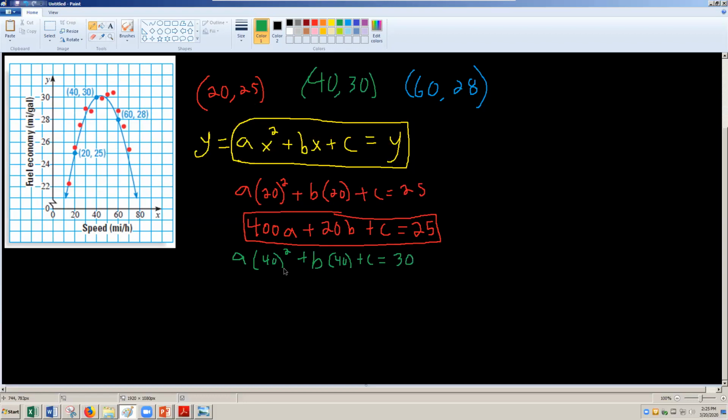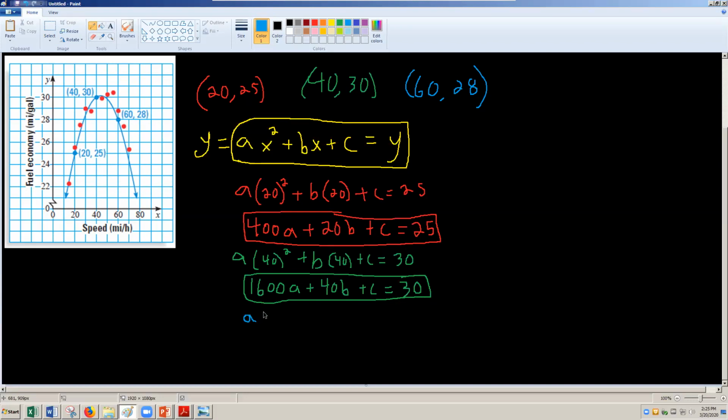So now again, I'm just going to simplify this a little bit. 40 times 40 is going to give me 1600a plus 40b plus c equals 30. And now I have my second 3 variable equation. Again, we should be thinking, okay, if I get a bunch of 3 variable equations, I'm definitely not solving this by hand because that's a pain and I don't want to do it. Far too lazy for that.